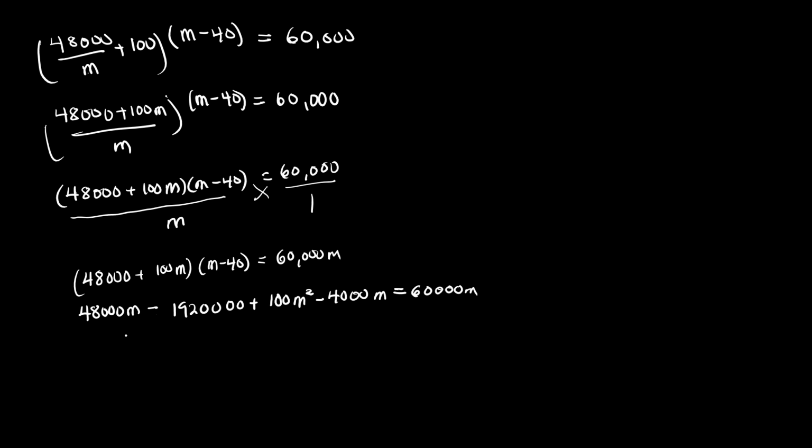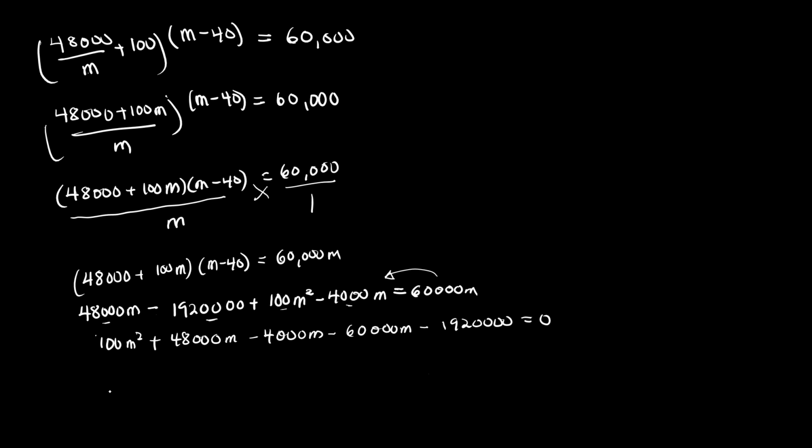So from here we can group like terms perfectly, so that we are bringing this first, which is 100m squared, and then here we can say plus this will follow, which is 48,000m, and then I want this to follow, minus 4,000m, then it will cross over and that will be minus 60,000m. Now after here we will bring this one, which is 192,000, all of them is equal to 0.